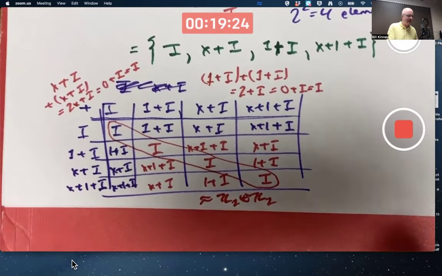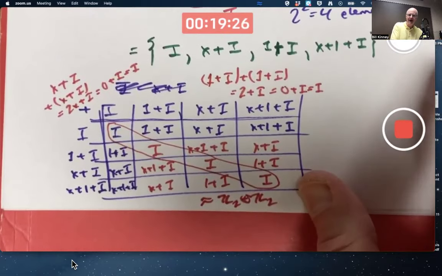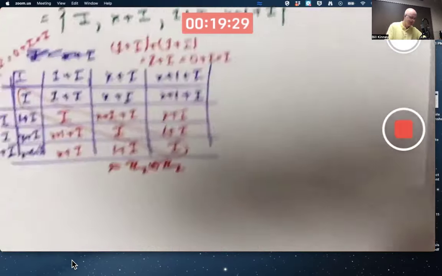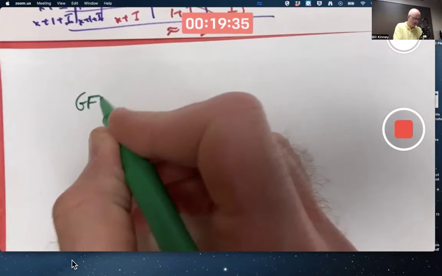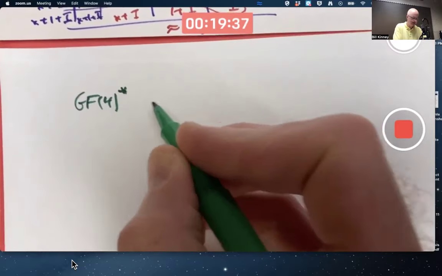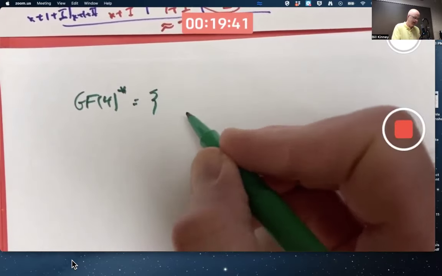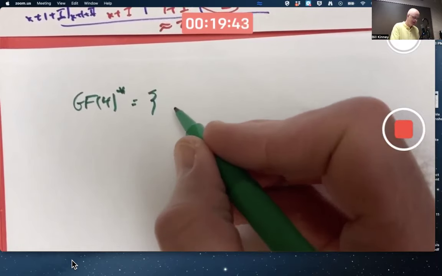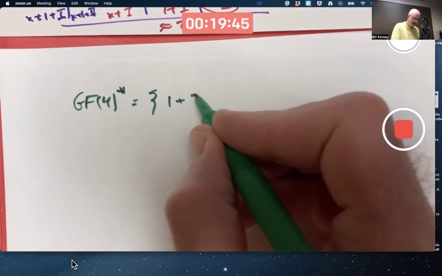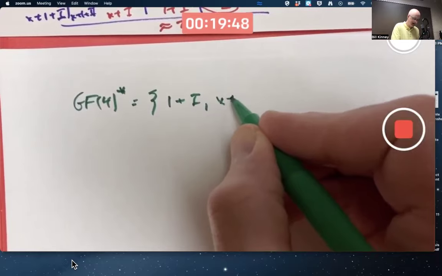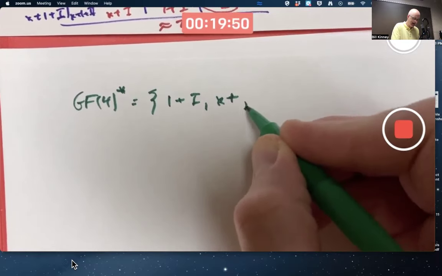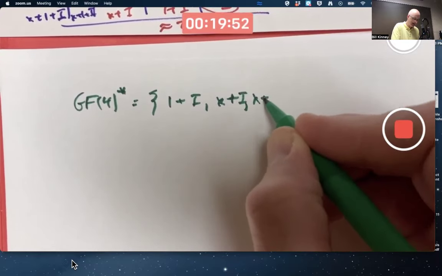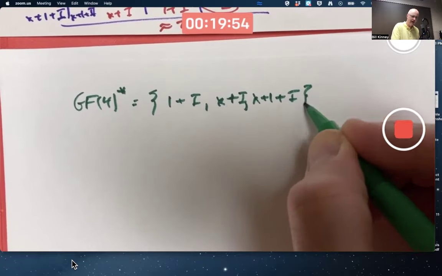What about as a group under multiplication when you look at the non-zero elements? So GF4 star, what are the non-zero elements? 1 plus I, x plus I, and x plus 1 plus I are the non-zero elements.